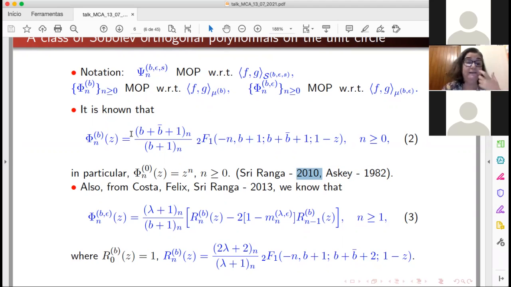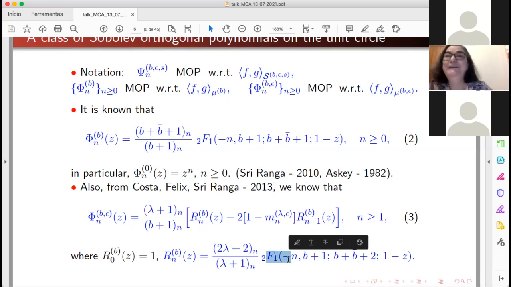Then also in a paper in 2013, they gave an expression for the orthogonal polynomials with respect to mu b epsilon in terms of the polynomials R n here that also are hypergeometric polynomials.